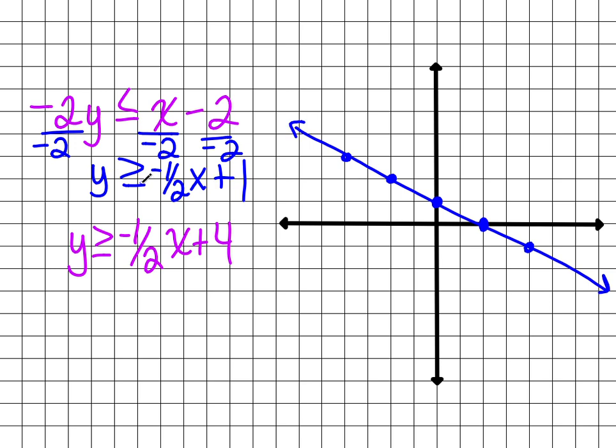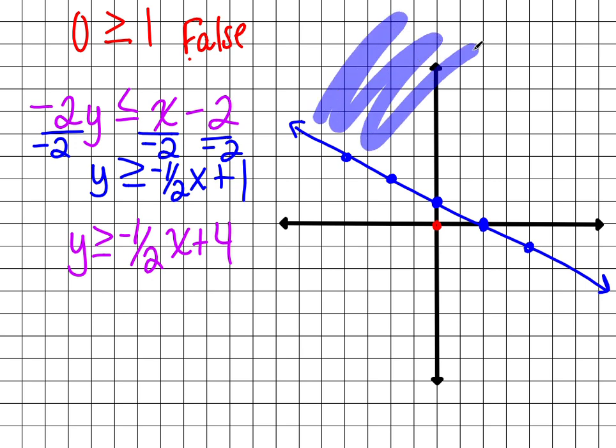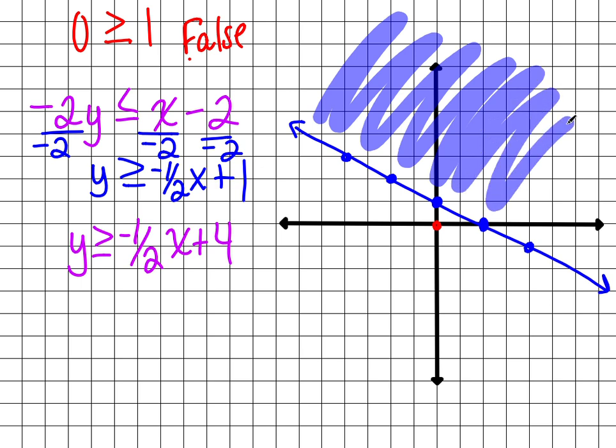Now here it's greater than, so generally I would say I want to shade above. But let's test our point 0, 0. If I put 0 in for y, greater than or equal to, and 0 in for x, that's going to cancel out, leaving 1. Is 0 greater than or equal to 1? No, that is false. So this test point is not in the shaded region, so I'm shading away from that test point. And again, with a greater than symbol, you would shade above.